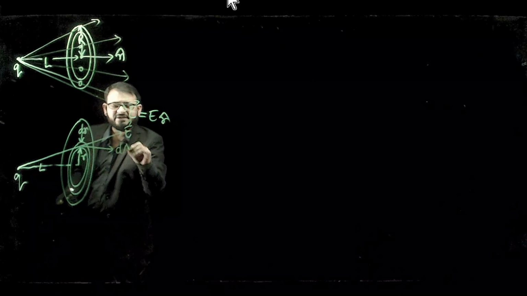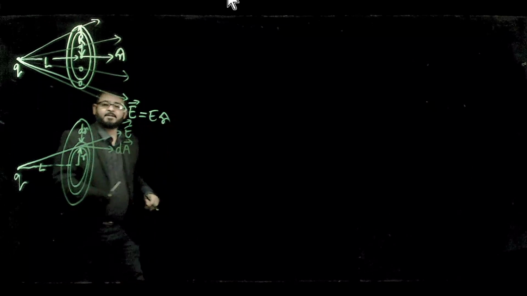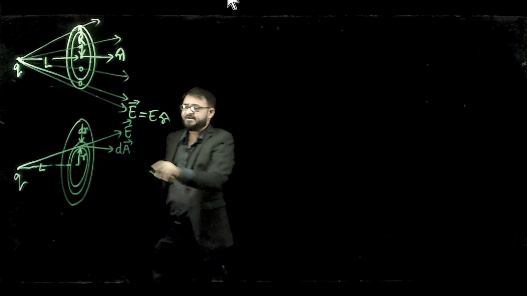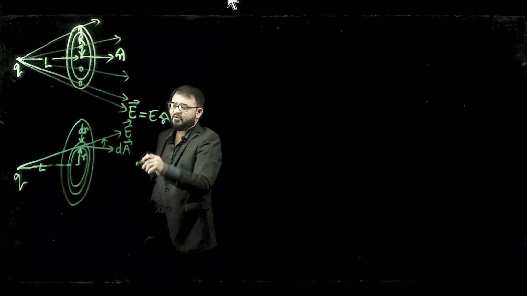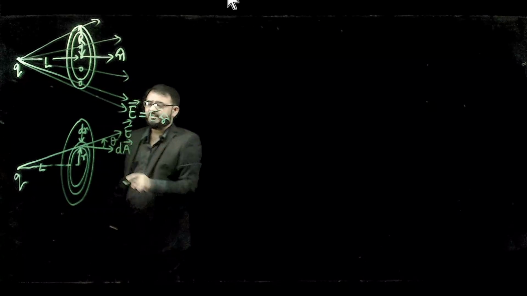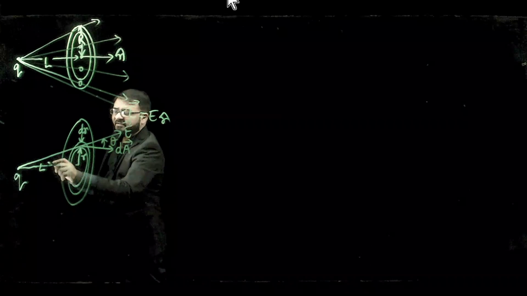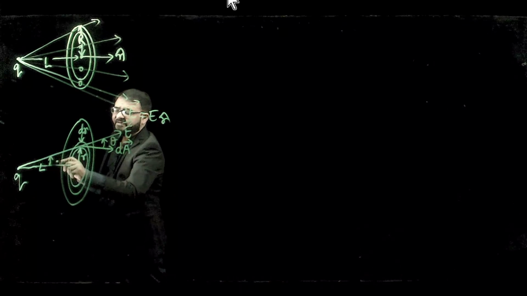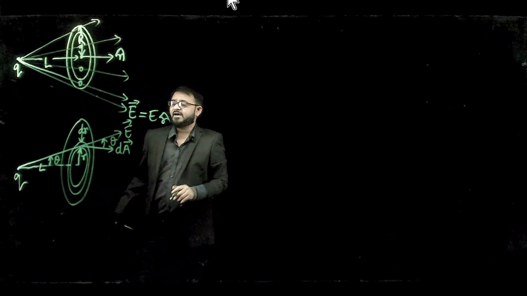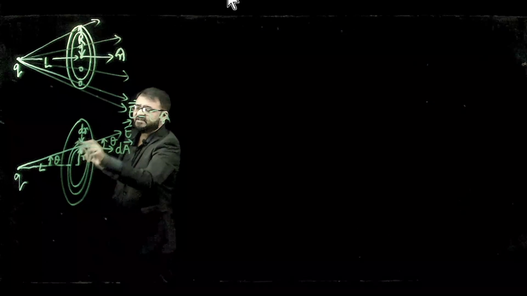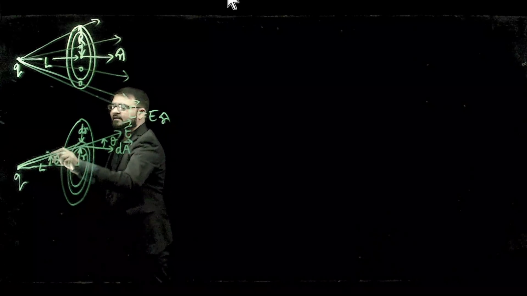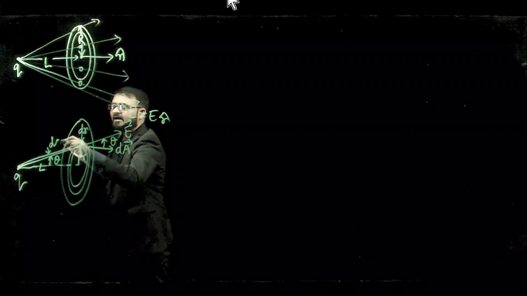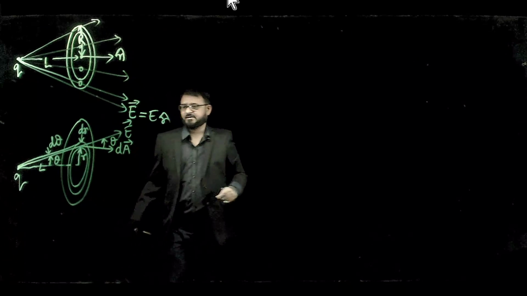We will represent the area vector like this. Now, if you see the symmetry, there is a fixed angle between them. Let's suppose this angle is theta, and the same angle is theta here. Corresponding to this dr, we can make a small angle.